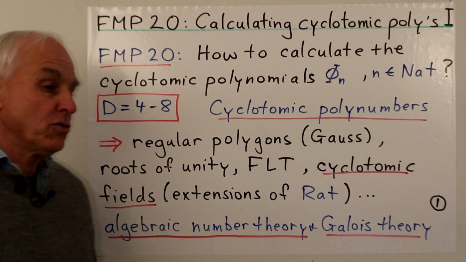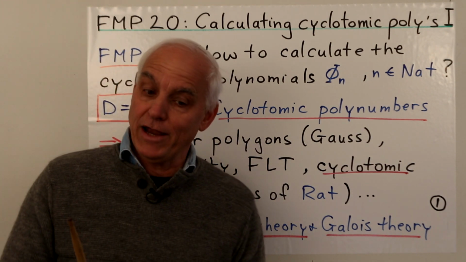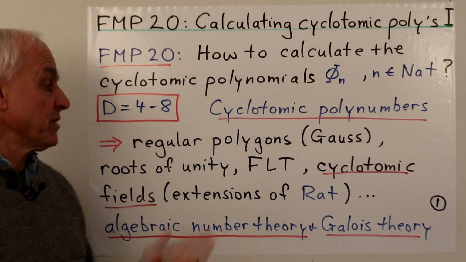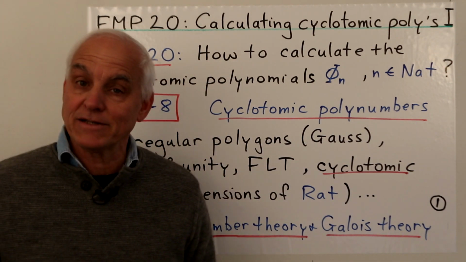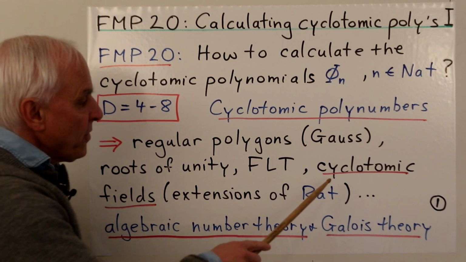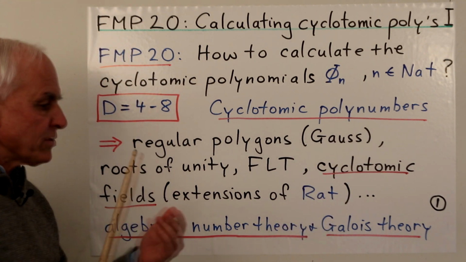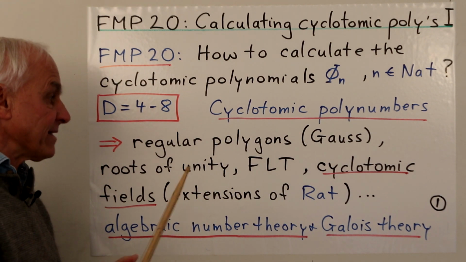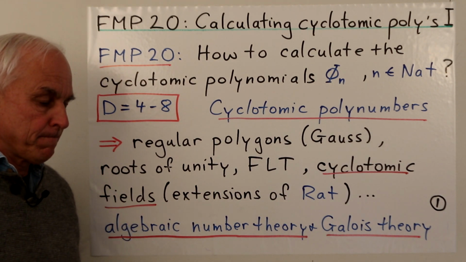They're naturally connected with complex numbers and the algebra of roots of unity. There's natural connections with Fermat's last theorem, and the polynomials are closely connected with important extension fields of the rationals called cyclotomic fields.